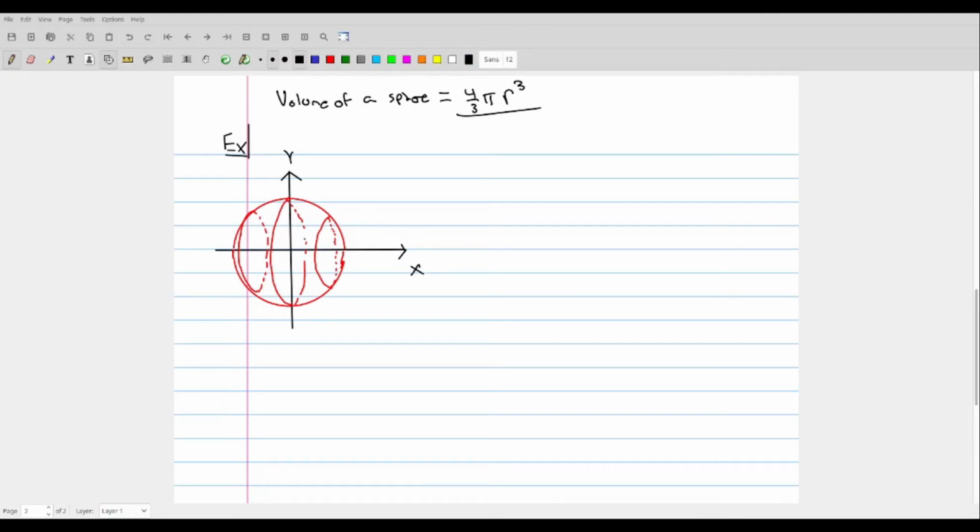And specifically, if it's a sphere of radius r, this circle has the same radius as the sphere itself, so that the distance out to the origin is just r.